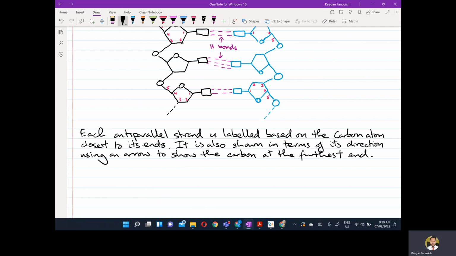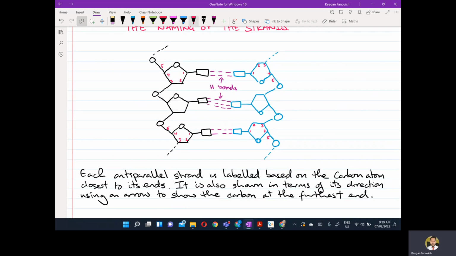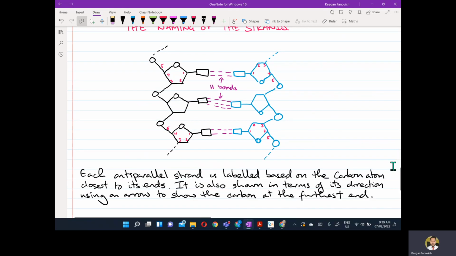Now this just looks more complicated than it is. It really isn't that complicated. If you look at the black strand at the top, the closest carbon to the top is carbon number 5, so we call this end the 5' end of the black chain.